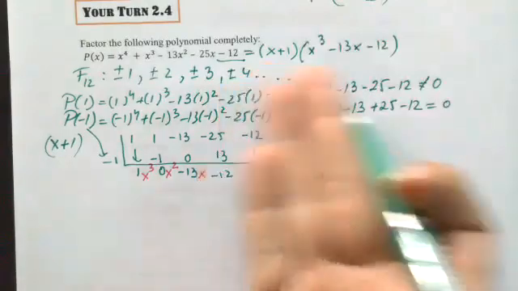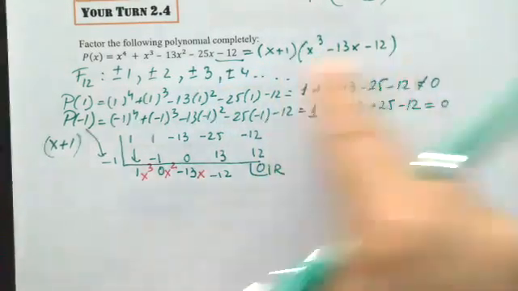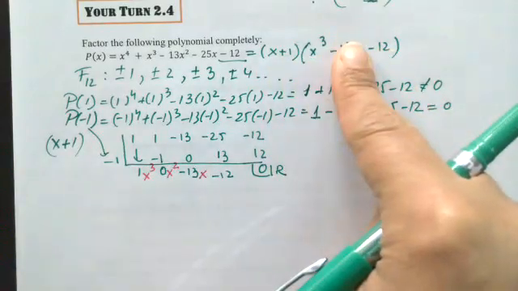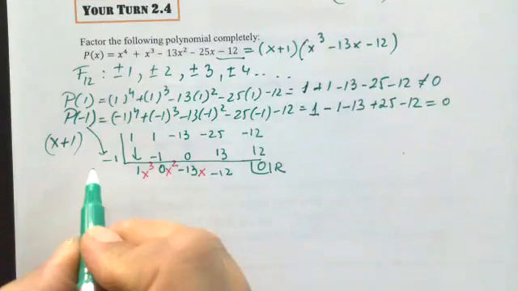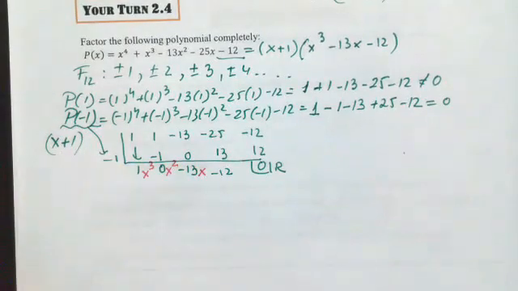So far I have done this factorization. It's not complete. I still have to check to see if I find more factors for this quotient that I just found, right? Make sense? Okay, so now what I like to do is always check again. You don't have to, you can go down the list if you want, just in case I get something that's squared or cubed, I can find it right away.